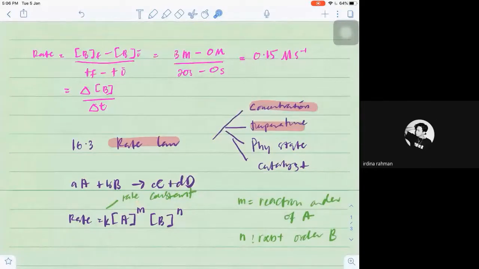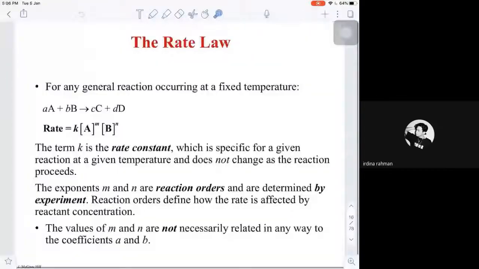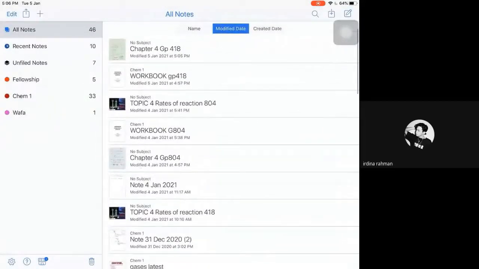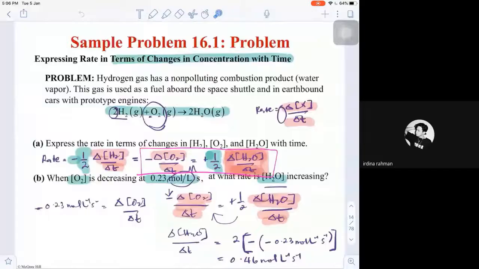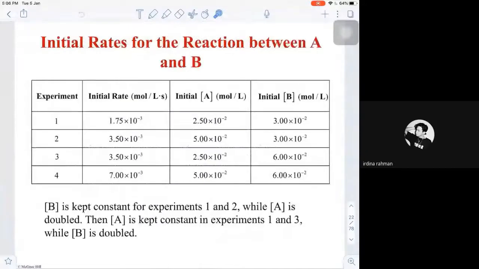How to get the value? I want you to look at table 16.1 in the textbook, page 706. How to determine the rate law of this reaction?